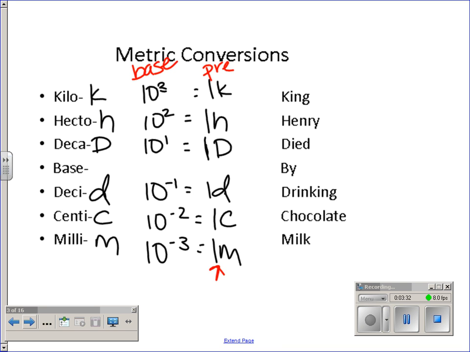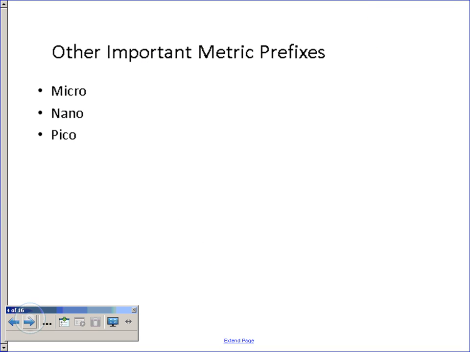These are prefixed. So my base units include Newton, gram, liter, second, any base unit that you can think of, we can put a prefix on that. Okay, so any of your SI units. So when we go to work problems, I think there are 3 more you need to know.